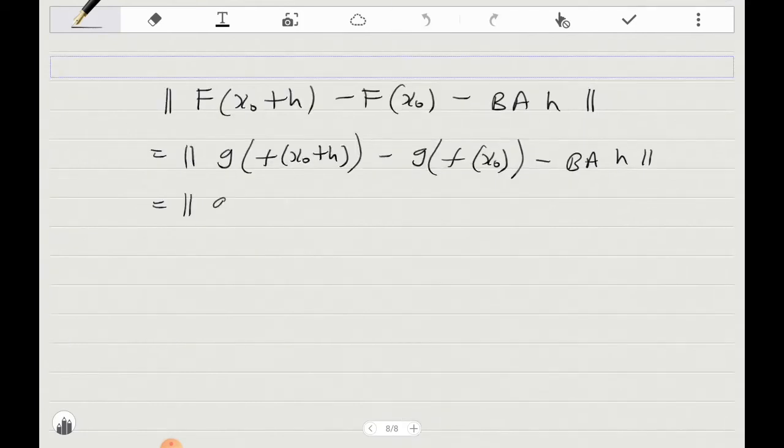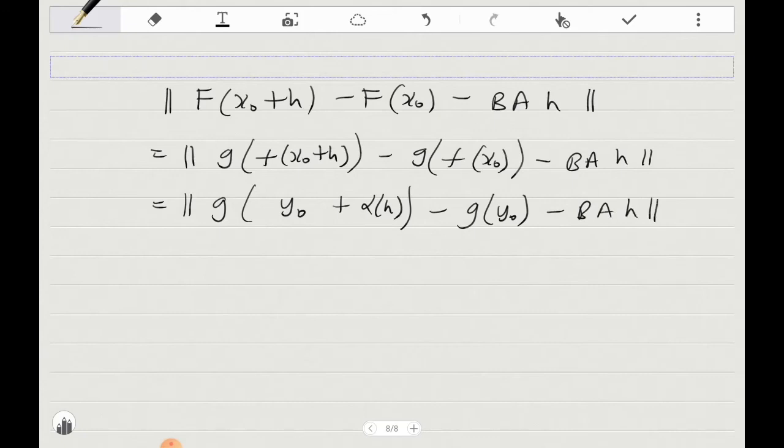So this is g of y naught plus alpha of h minus g of y naught minus BAH. Remember that the goal is to prove that this entire thing is less than epsilon times norm h.